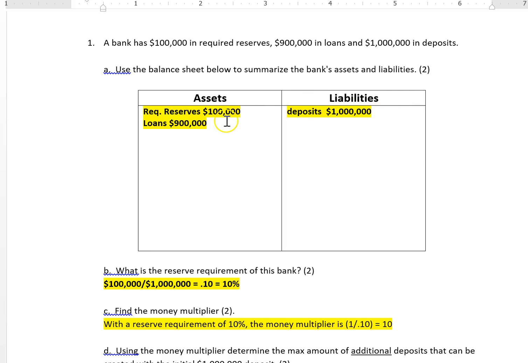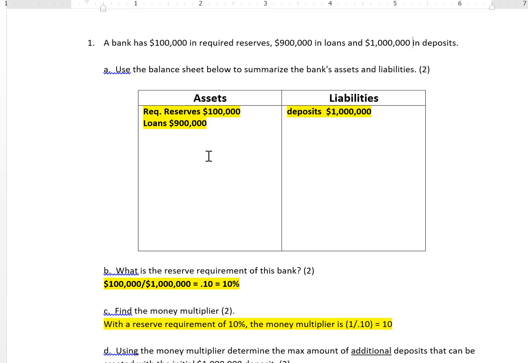And right now, this bank has loaned out all of their excess reserves, 900,000, and it has 100,000 in required reserves. Now, please, this is important. When this initial deposit was made, it first generated excess reserves of 900,000, but this bank loaned it out. So you just didn't see that first step here.